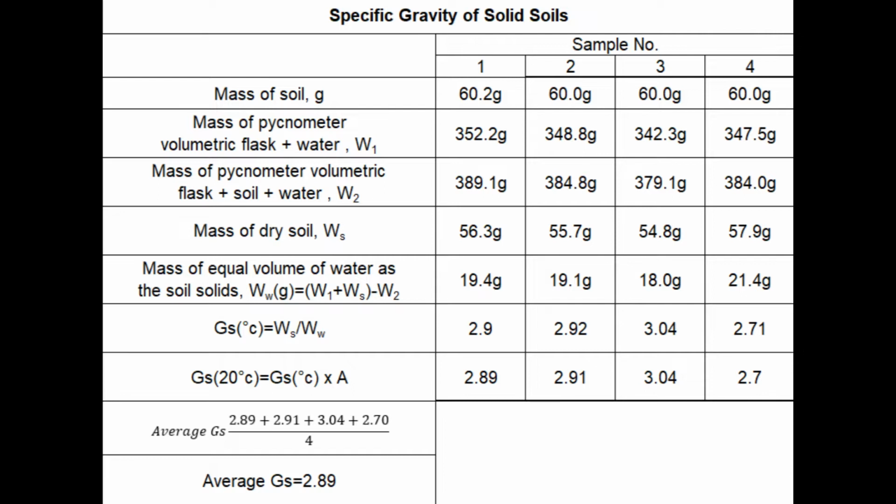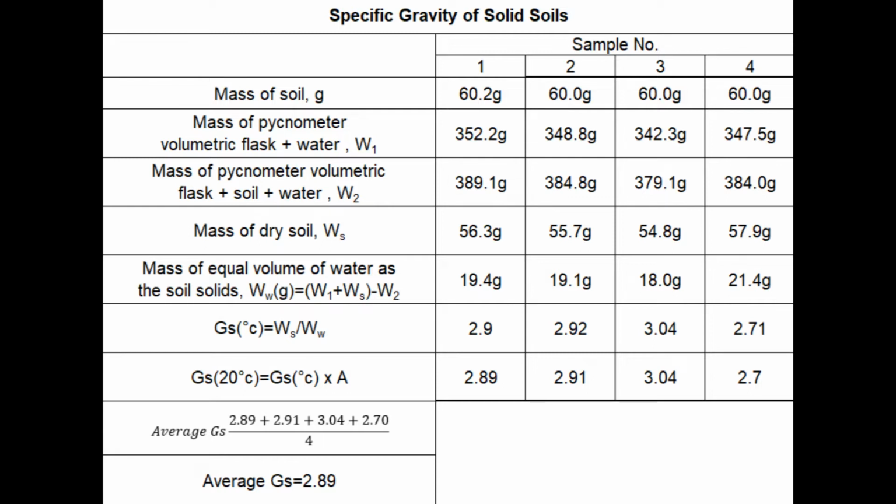Next, we have the mass of the pycnometer volumetric flask plus the water. As we have weighed it earlier in this video, we have the following results: 352.2 grams for sample number 1, 348.2 grams for sample number 2, and so on and so forth.